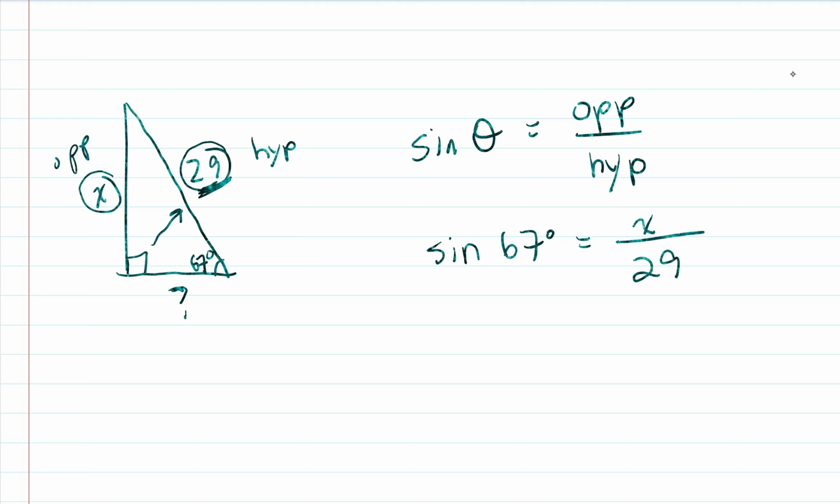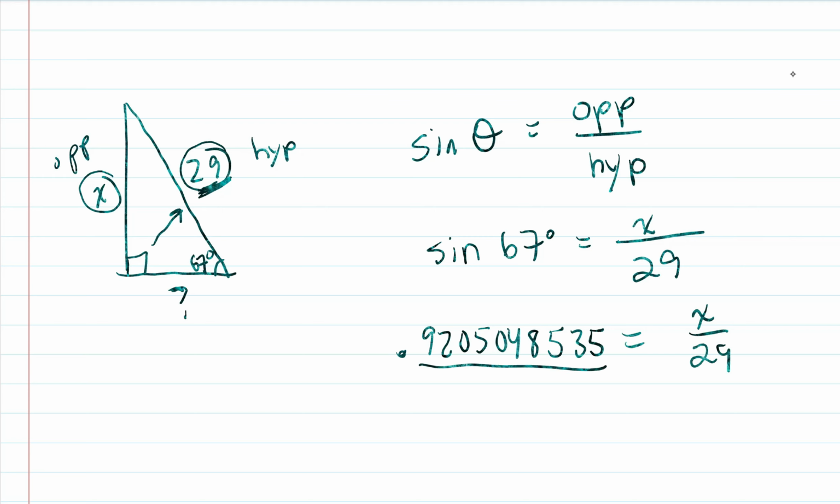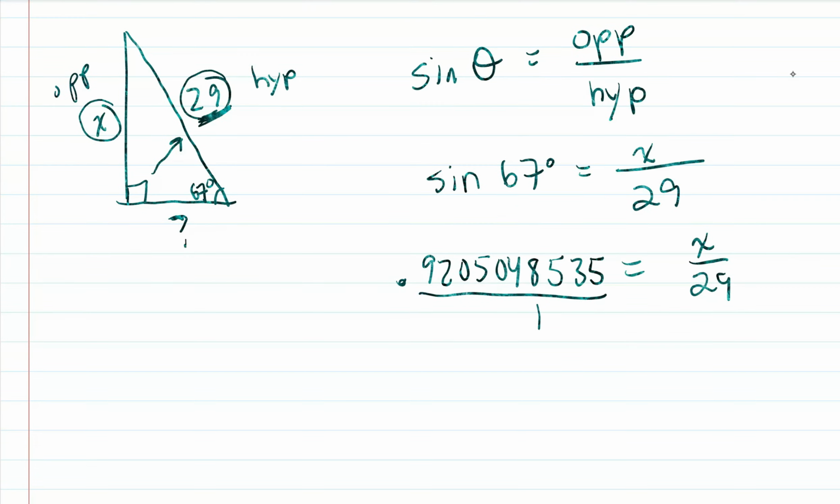So then the sine of 67, punching that in your calculator, is 0.9205048535 equals x over 29. Again, you can put this over 1 and then cross multiply. 0.9205048535 times 29, and then 1 times x.